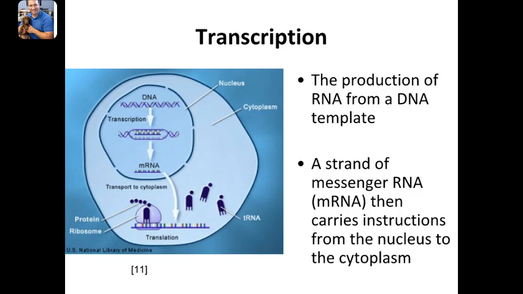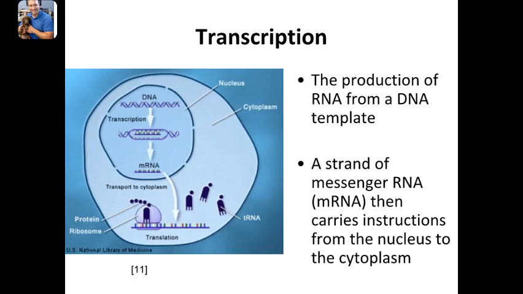Transcription is defined as the production of ribonucleic acid from deoxyribonucleic acid. So we're taking DNA and we're going to transcribe it, which basically means to copy it, and the copy is going to be termed RNA.